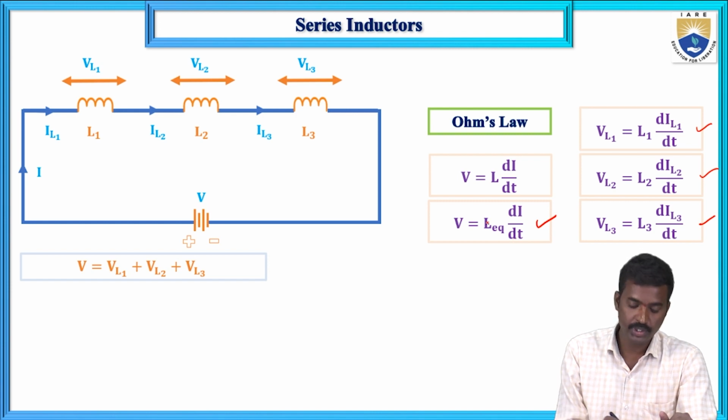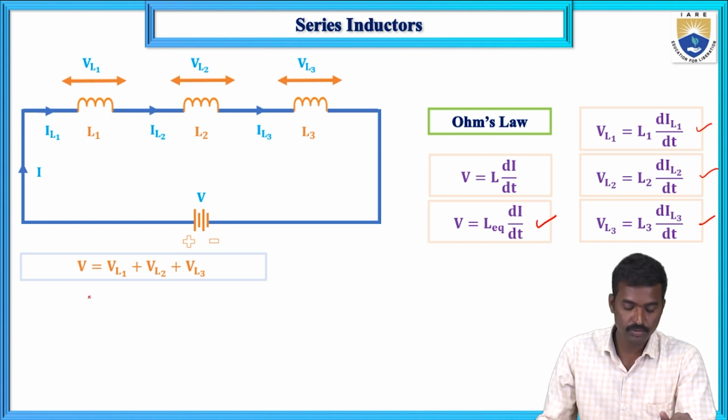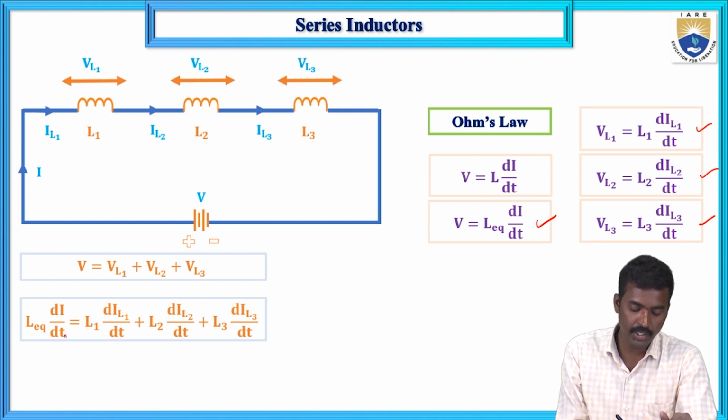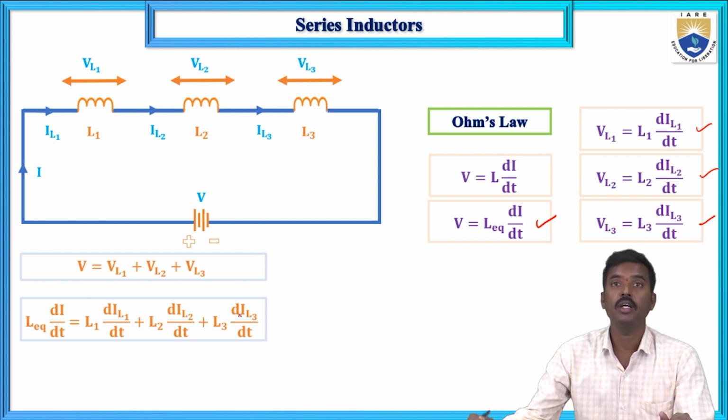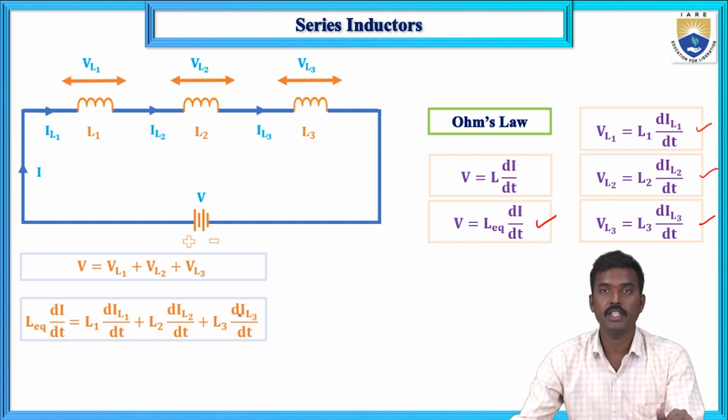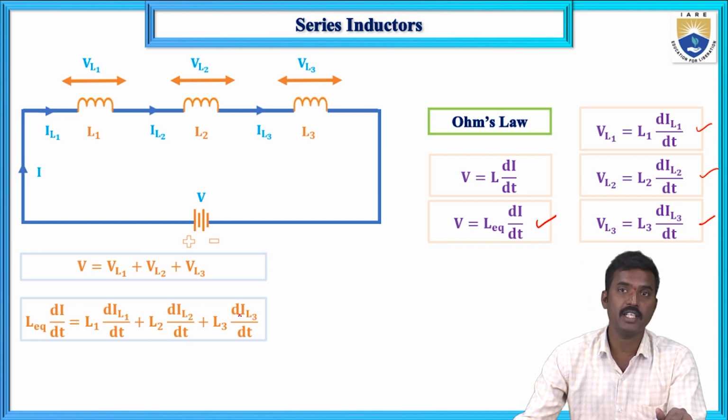Now substitute in this equation: L equivalent di by dt equals L1 dIL1 by dt plus L2 dIL2 by dt plus L3 dIL3 by dt. But the same current flows through each inductor because they are connected in series.